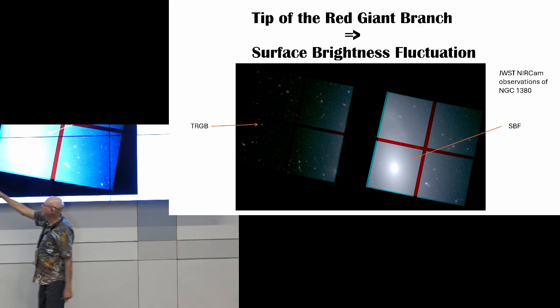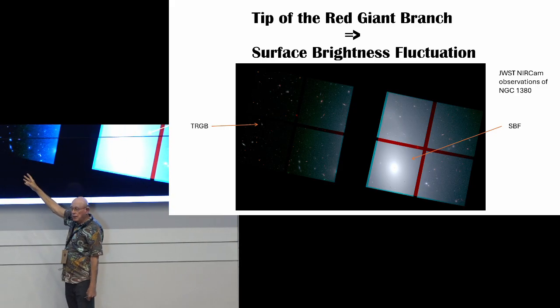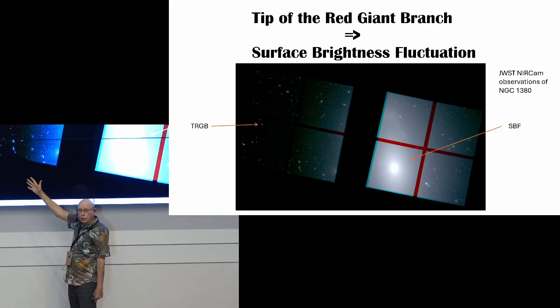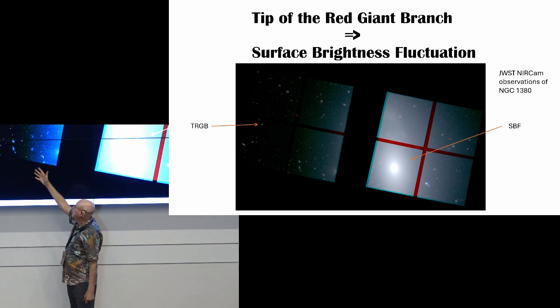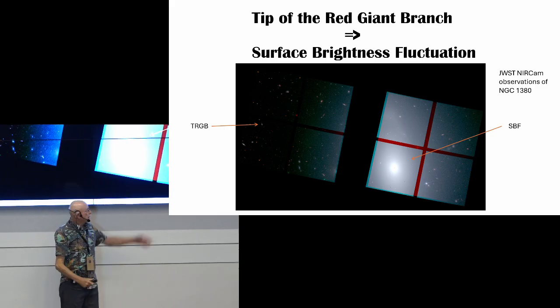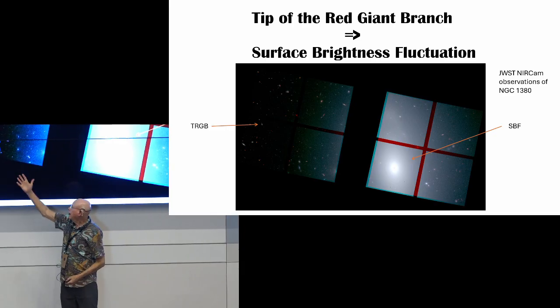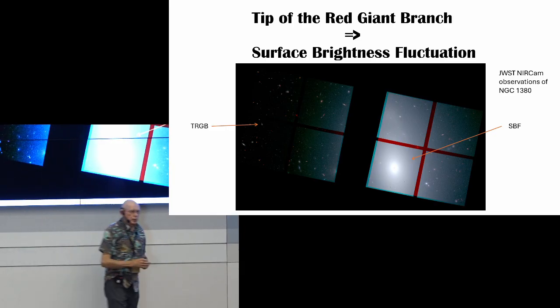And over here, in this other panel, we're looking out in the halo of the same galaxy. So it's the same distance, and then we're measuring the tip of the red giant branch from the stars that you find in the halo. So looking in the core for surface brightness fluctuations, looking in the halo for tip of the red giant branch.